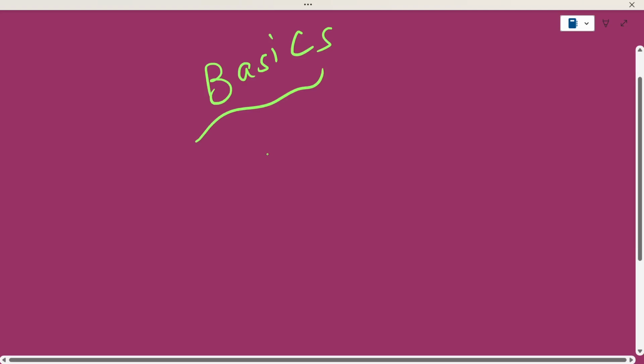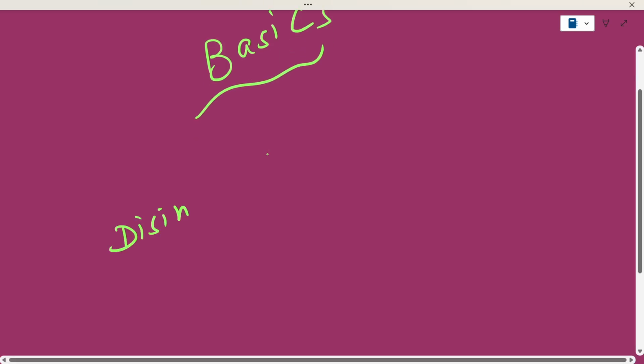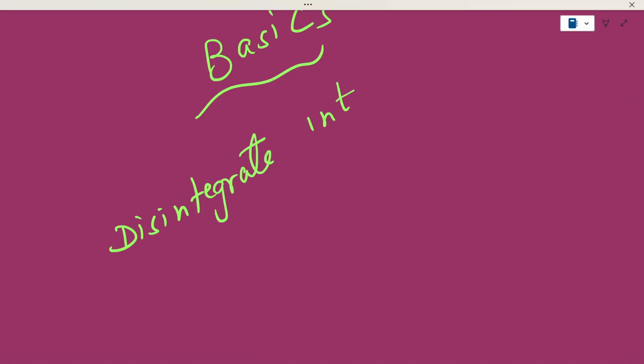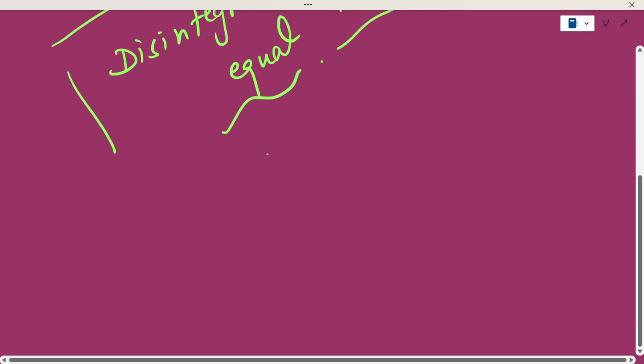In order to know about any organism, the best way is to disintegrate that organism into equal and distinct parts. This disintegration is going to lead us to all the equal and distinct entities.